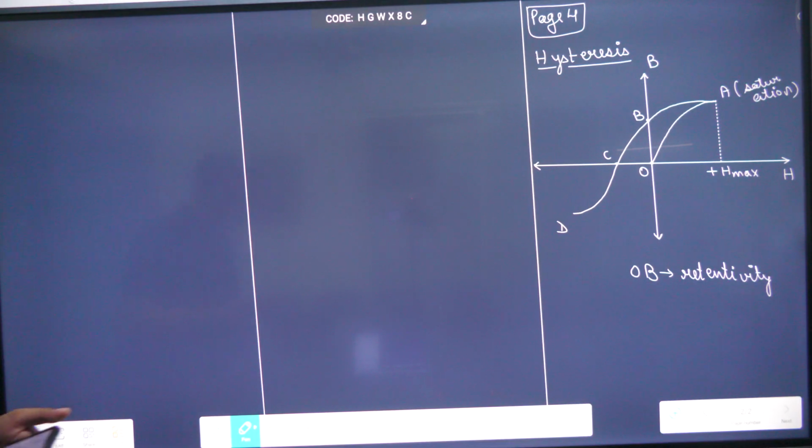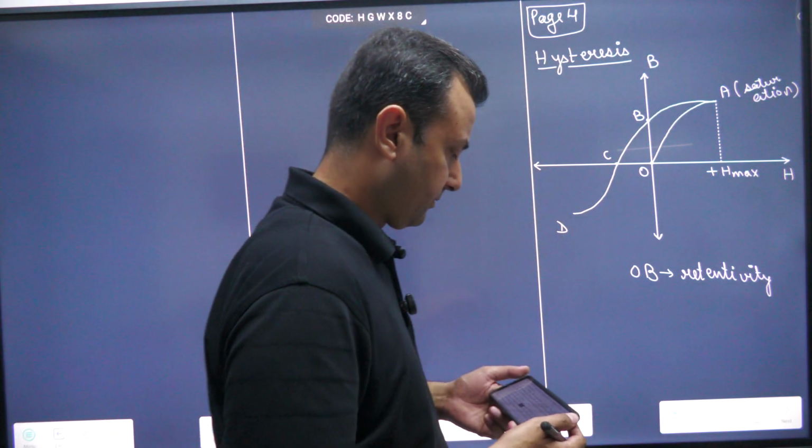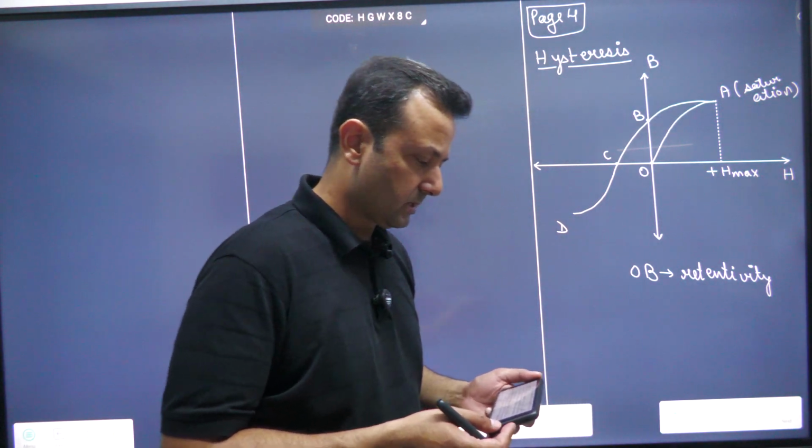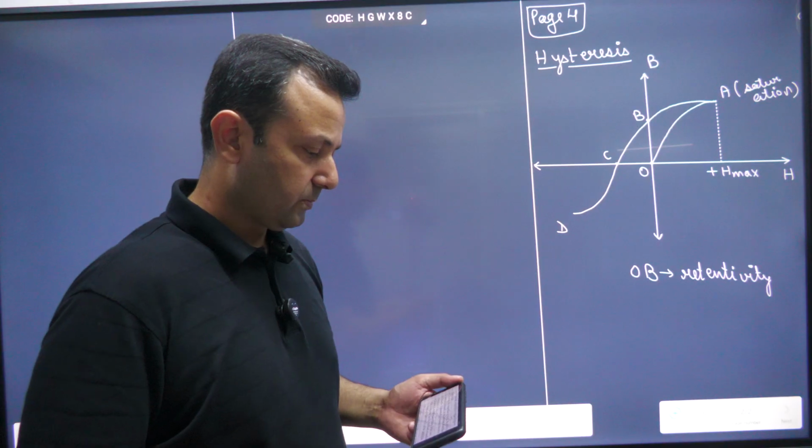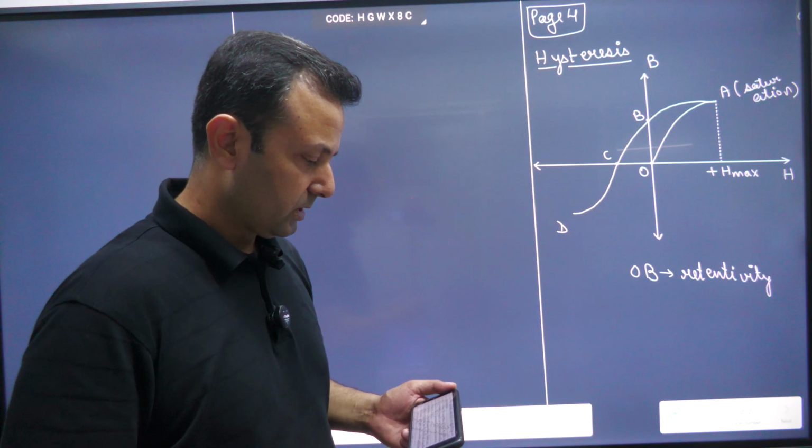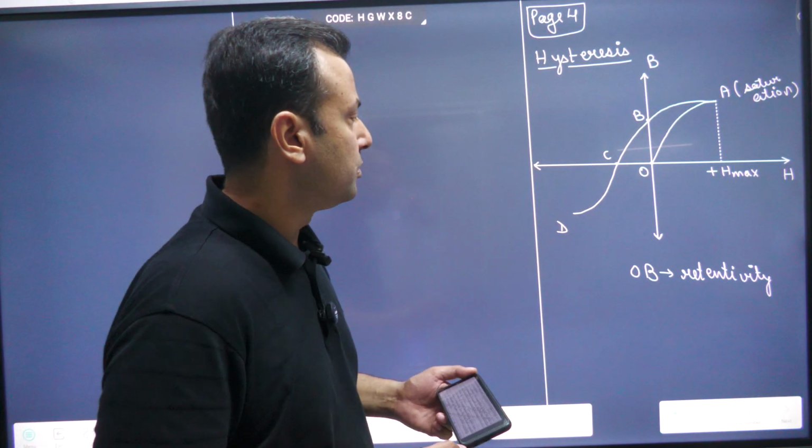Now, next point. To reduce the magnetism to zero, the field H is gradually increased in the reverse direction. The induction B decreases and becomes zero at a value of H equal to OC.